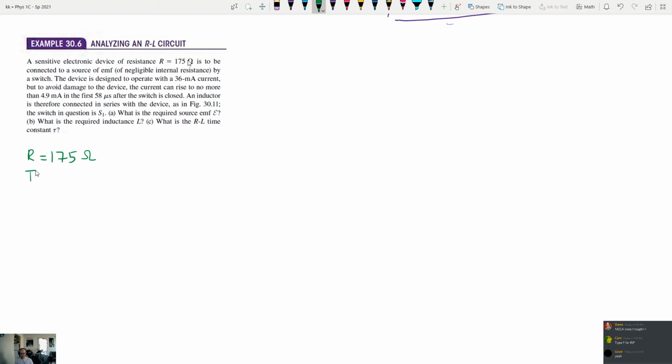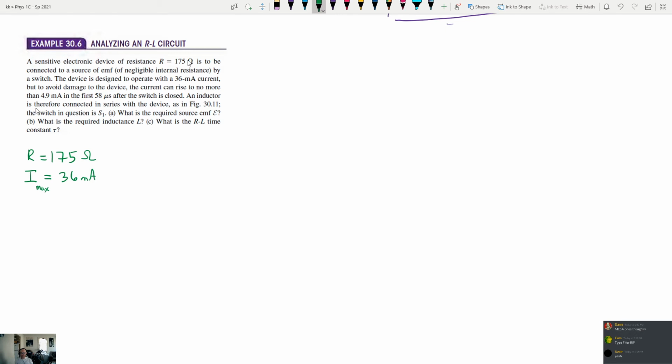I'm going to assume that's the maximum current, so we'll just call that Imax. But to avoid damage to the device, the current can rise to no more than 4.9 amps in the first 58 microseconds after the switch is closed. So we'll write that down in a second.